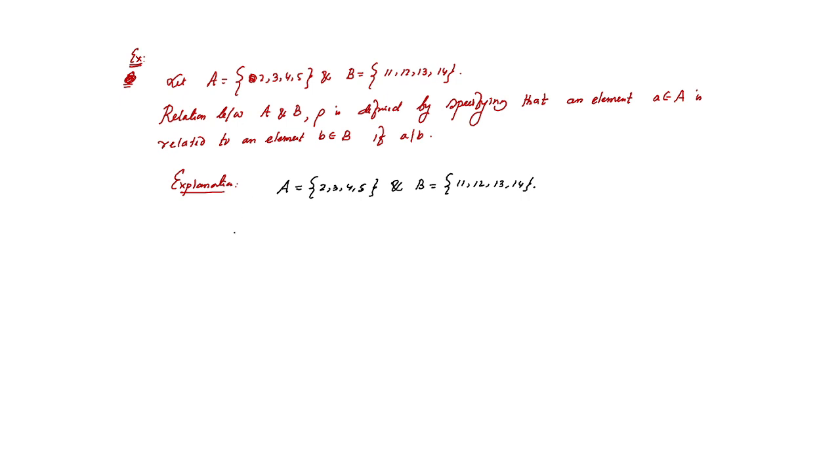Now what is the relation? It is defined on A and B. So rho is defined as rho equals all those ordered pairs (a, b) belonging to A cross B such that a divides b. Now we will come to the set.